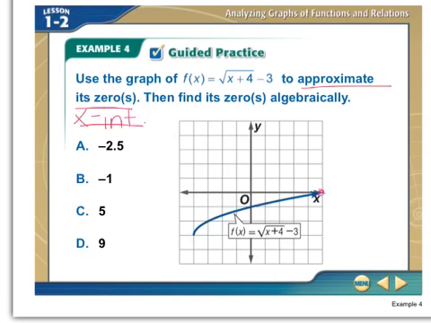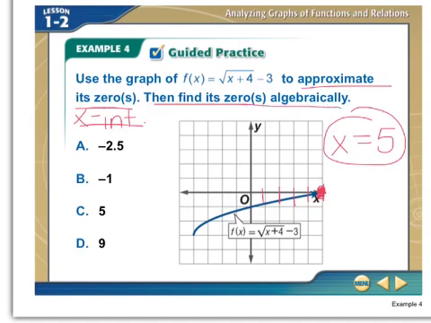I was plotting a point on the y-intercept, not the x-intercept. Okay, the x-intercept looks to be over here. So if I am looking at this graph, I have 1, 2, 3, 4. My estimate or approximation is that x equals 5. That's my x-intercept. If I want to confirm that, I'm going to find the zeros algebraically.